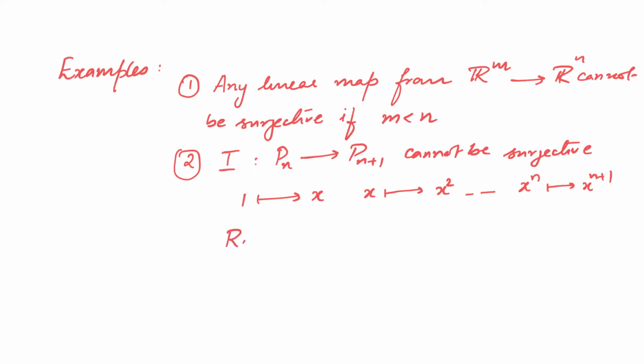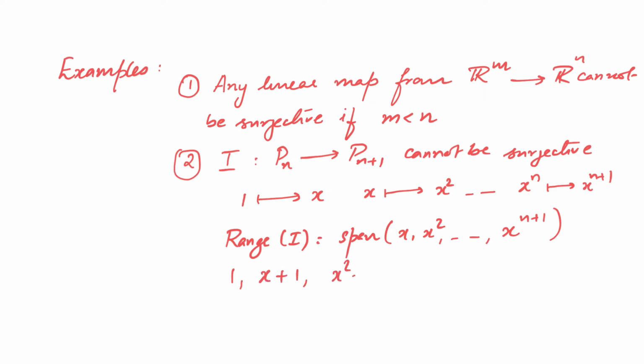In other words, we know that range of I is equal to span of x, x square, etc. up to x power n plus 1. Thus, constant polynomials are not there in the range of I. In other words, 1 does not belong to range of I. And more generally, you cannot have polynomials of the form x plus 1 or x square plus 1, etc. So, none of these polynomials are there in range of I.